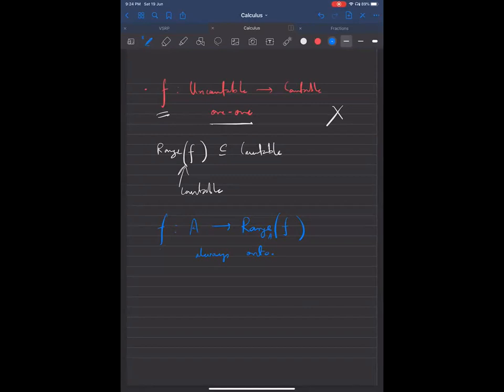Now, I would like to give a remark here. In several cases, when we deal with things like this, suppose we have a function from A to B, and then we try to restrict the function from A to its range, or change the domain and range in some manner.